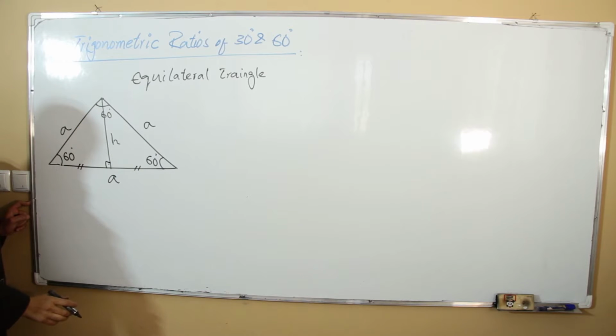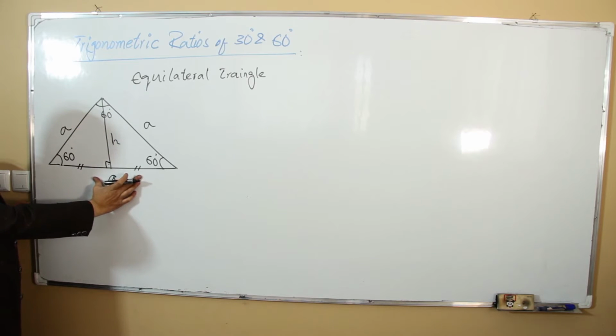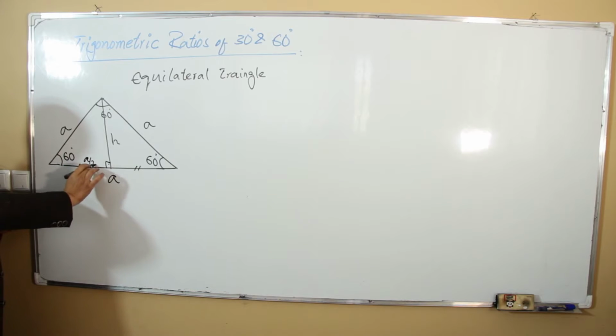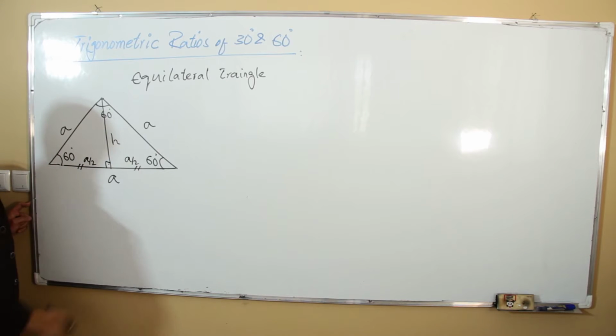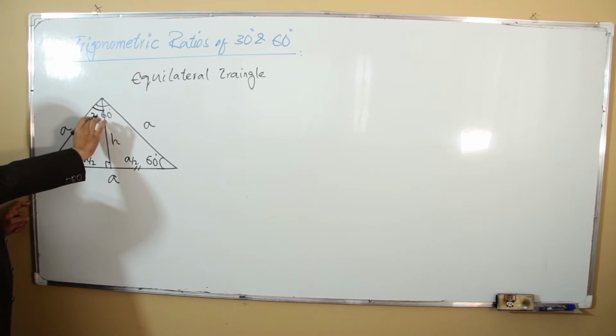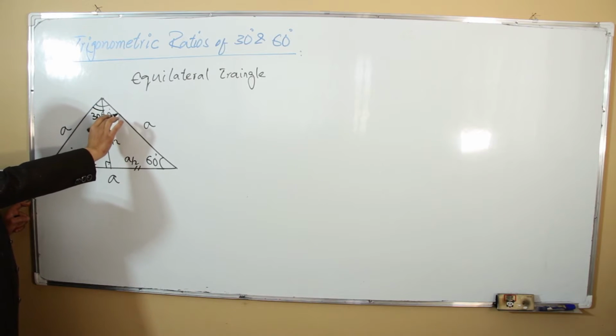What do I mean? This side is A. It divides this A into two half parts: A divided by 2, and A divided by 2. And this angle is 30, and this angle is also 30.